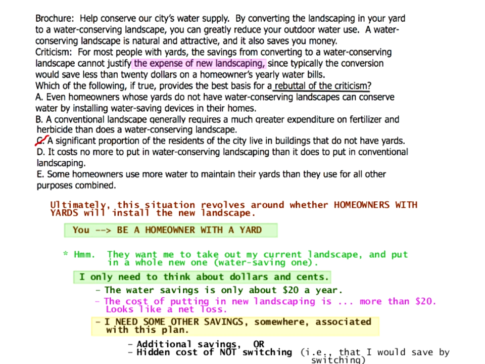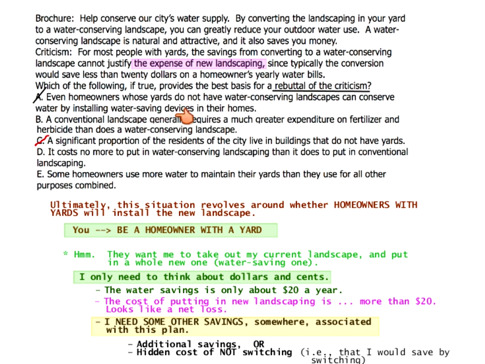Those are the only two ways that could really work, right? It's either savings or not paying what I would have, which is still savings, I guess. Even homeowners whose yards do not have these, this is basically saying everybody can do this by putting stuff in their house, like a shower head that uses less water or a toilet. But this has nothing to do with whether I should install stuff in my yard. So this is not a thing.